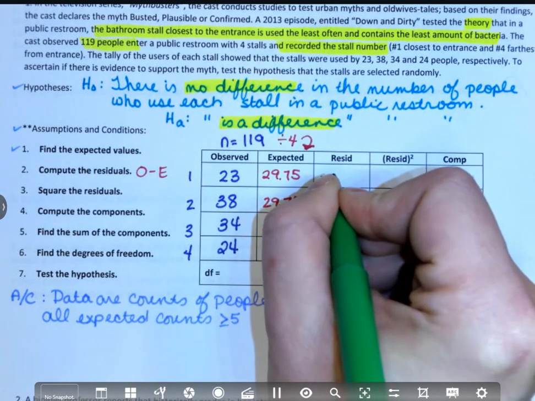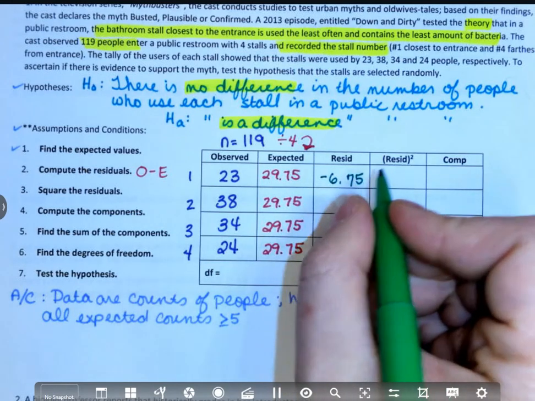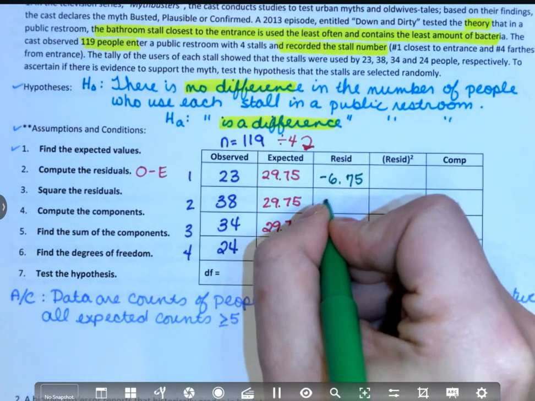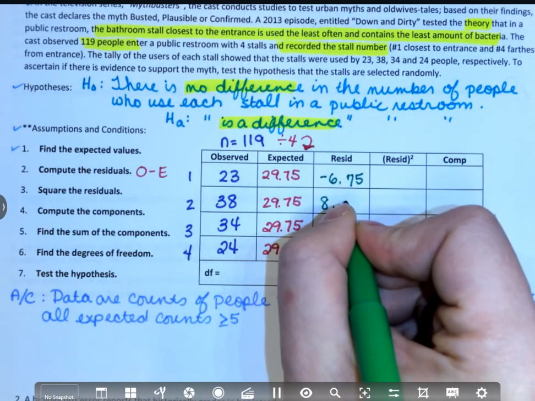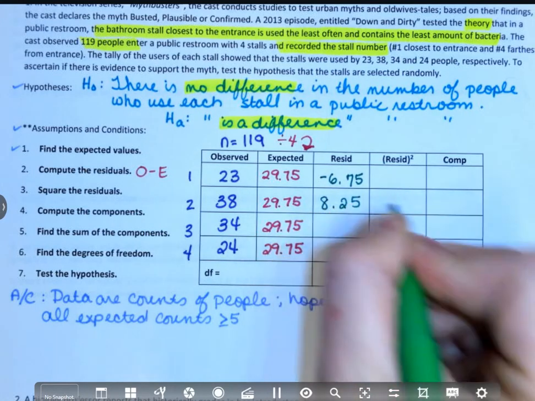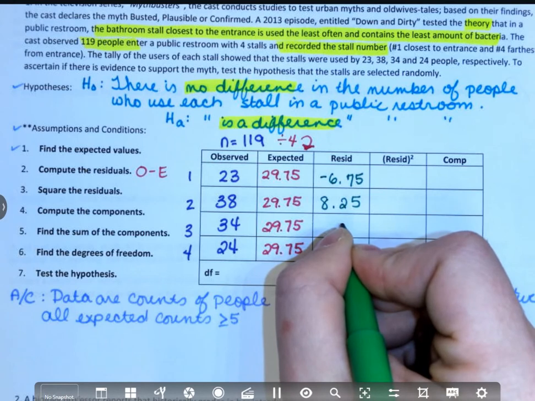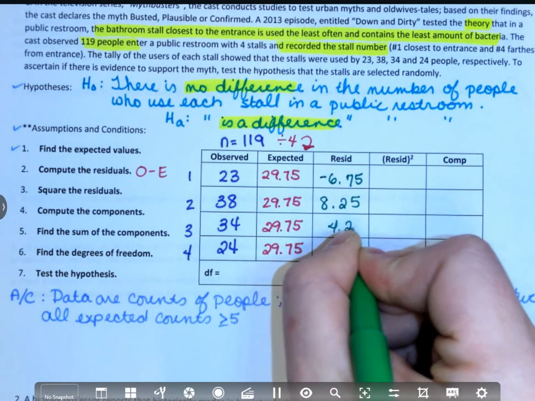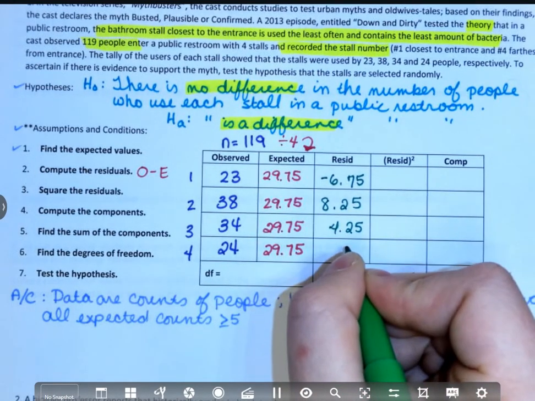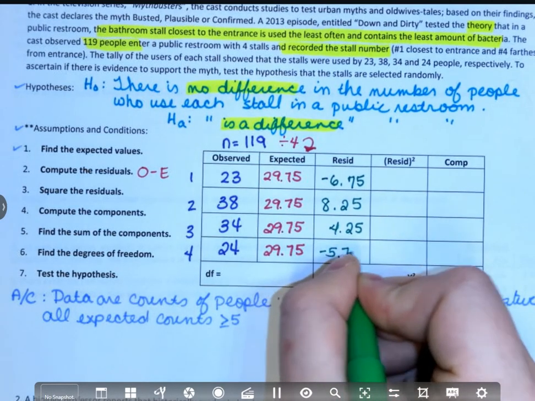Negative 0.75. For the second stall, 8. It's not 8.75, 8.25. For stall 3, 4.25, and for stall 4, negative 5.75.